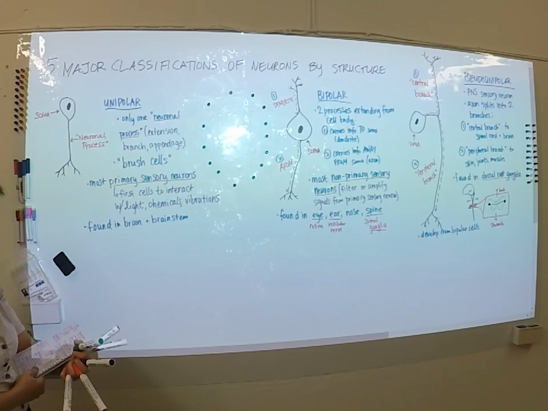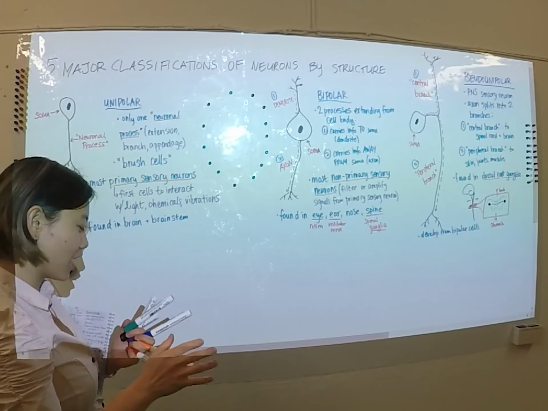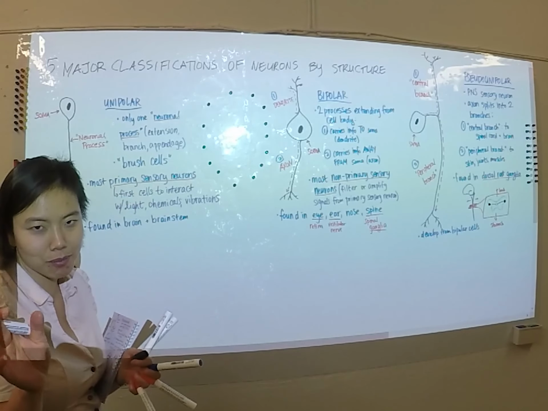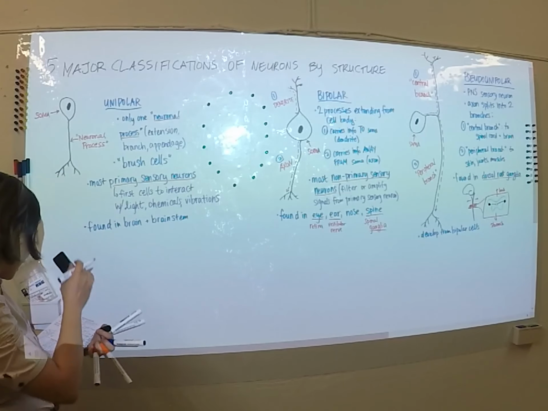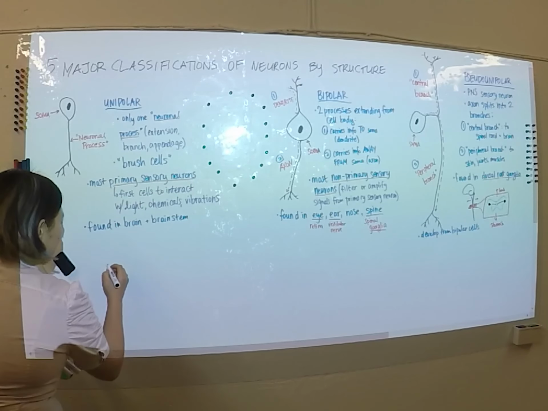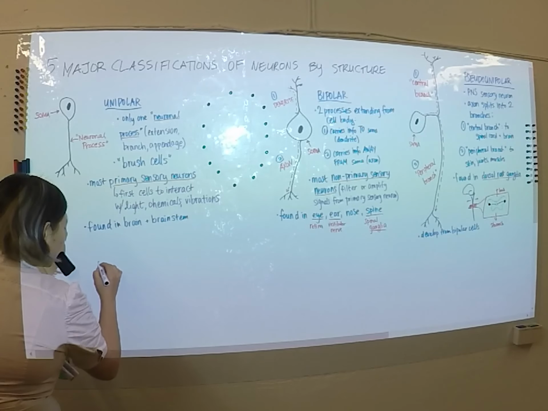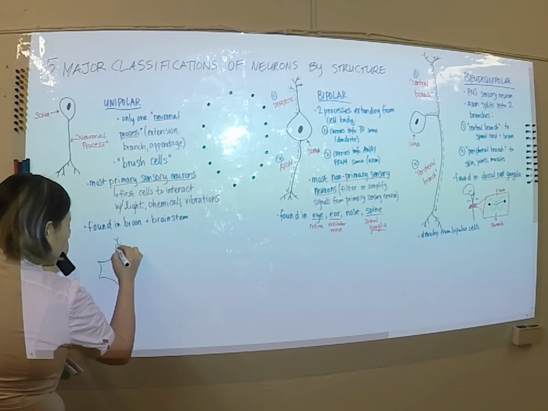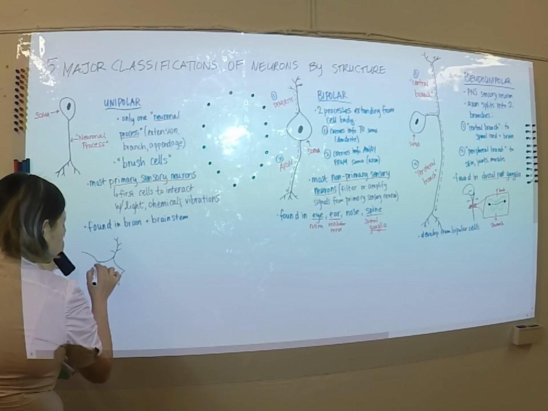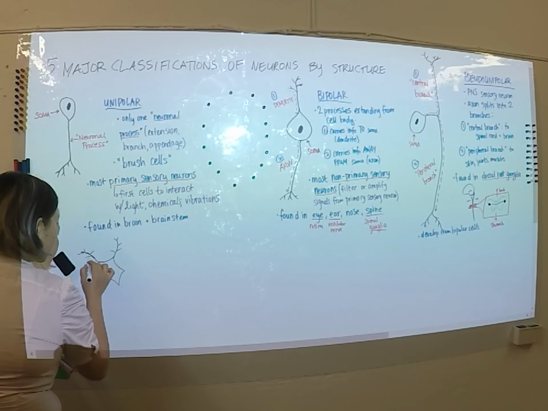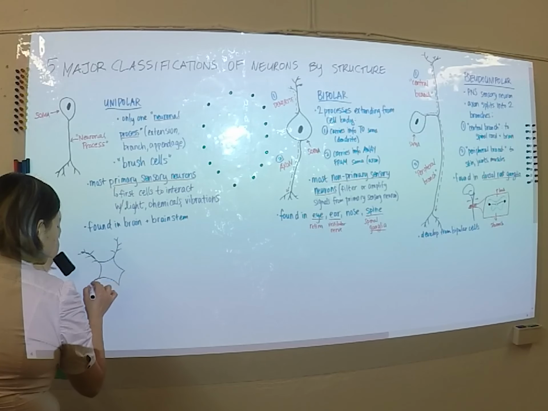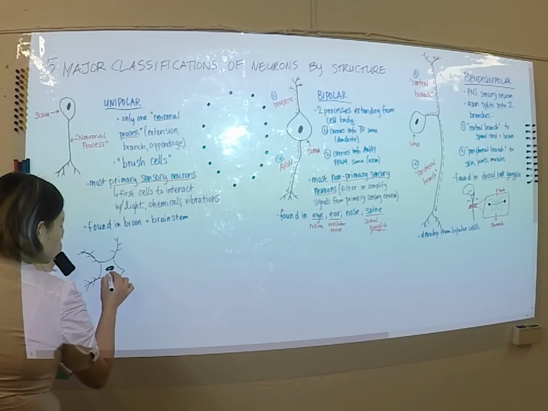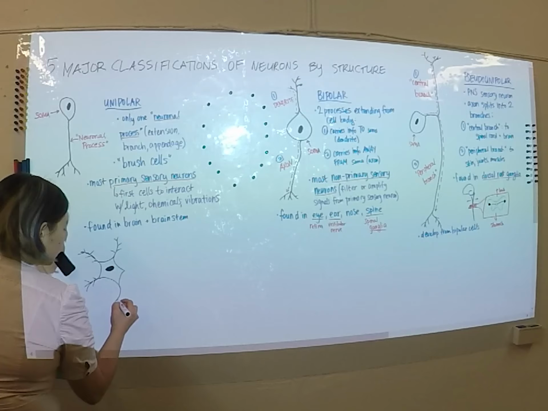All right, so next we are finally getting back to our typical neuron, which in this framework is called a multipolar neuron, okay? So here's what a multipolar neuron looks like. You're really familiar with it already, but we're going to draw a nice simplified version of it. So let's start with our cell body, okay? It's got lots of dendrites coming off of it. This is the nucleus. That's how you know this is the soma.